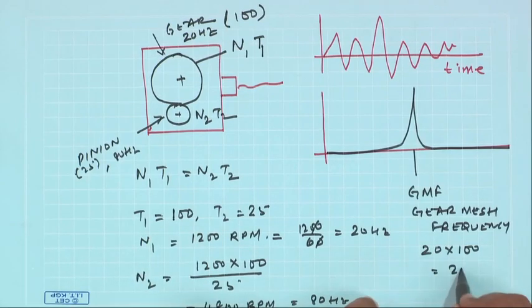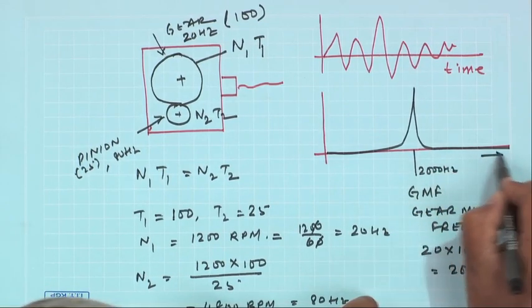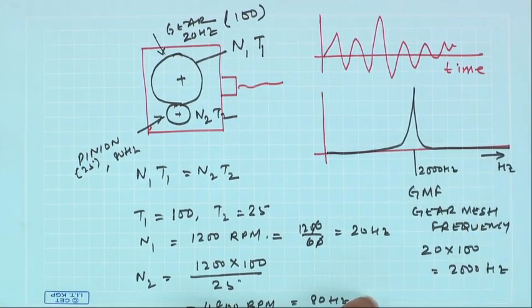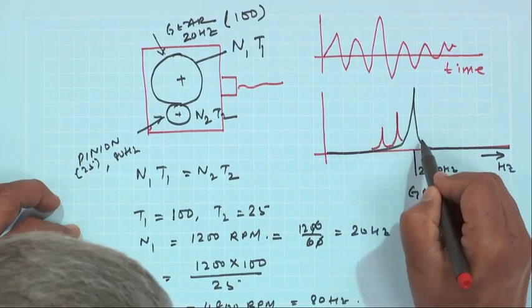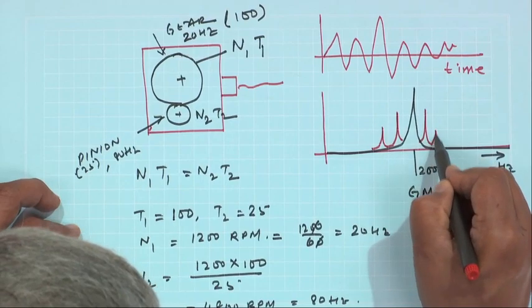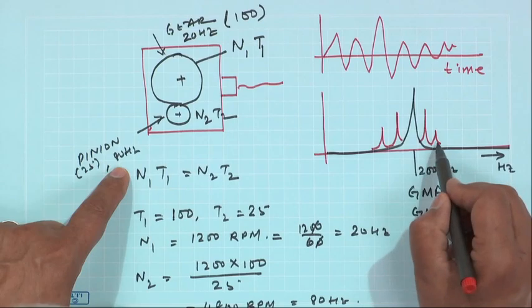So, this is about 2000 hertz. So, around 2000 hertz, this is in frequency, I will see sidebands corresponding to one corresponding to the gear and other corresponding to the pinion.